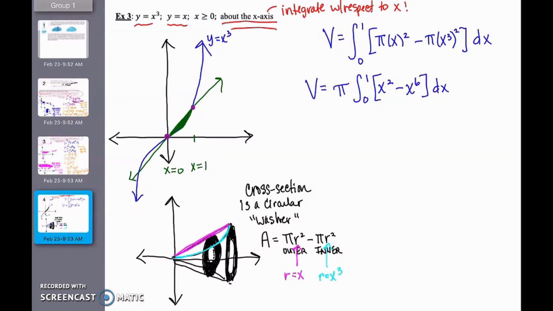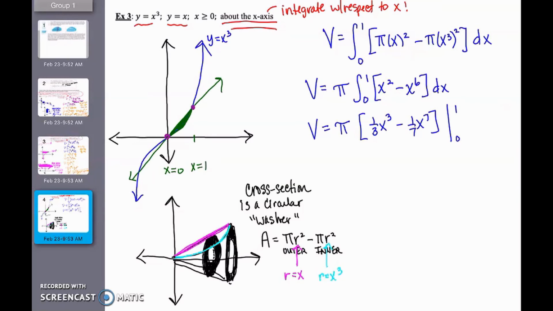Oh, we don't need to do any u substitution here. This is just a polynomial. So we know that our volume is going to be equal to pi times the integral of x squared, which is 1/3 x cubed, and the integral of x to the 6 is going to be 1/7 x to the 7th. And we are going to be evaluating this from x equals 0 to x equals 1.